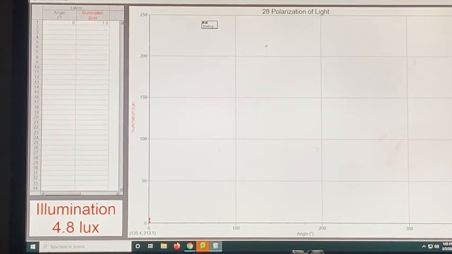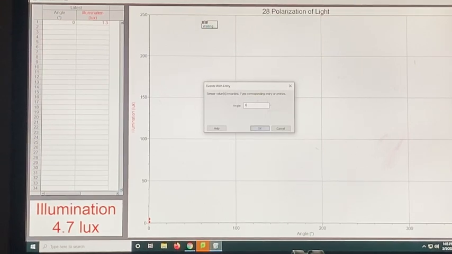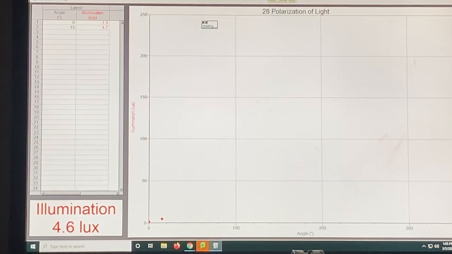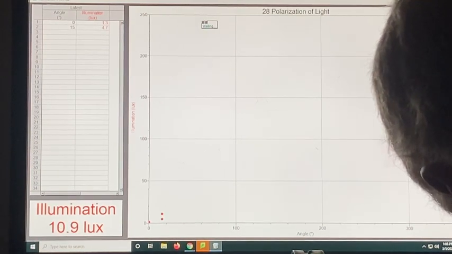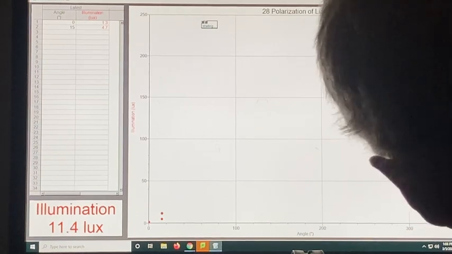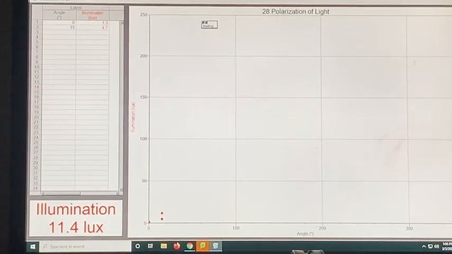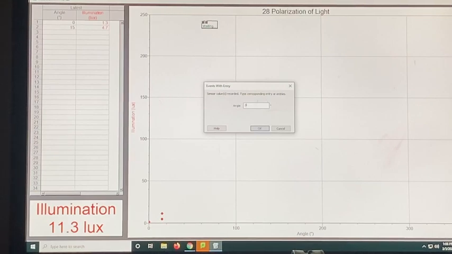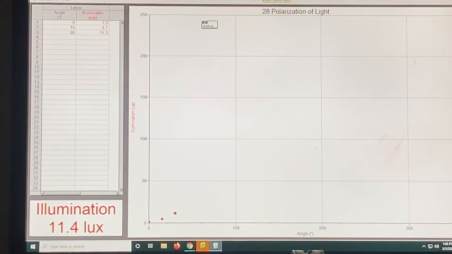Next I'll go up to 30 degrees. Now I'll go up to 45 degrees.